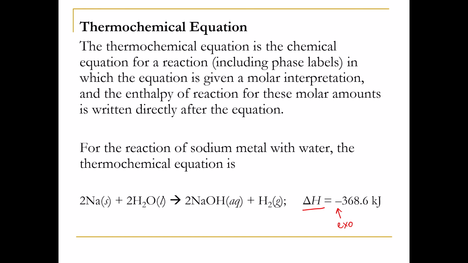A thermochemical equation, then, is a balanced equation that includes the phases of matter, solid, liquid, gas, or aqueous, and includes a delta H value for the reaction. Notice the units over here. We have joules or kilojoules for our delta H. And it's not per mole, it just says joules or kilojoules. We're going to come back to that in a minute.